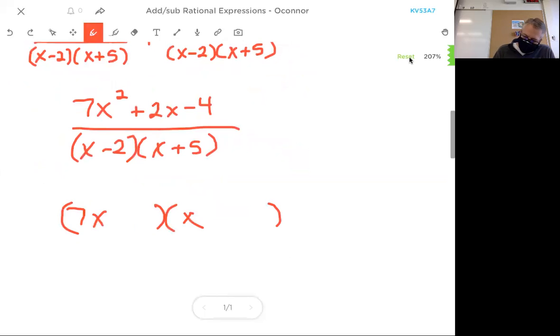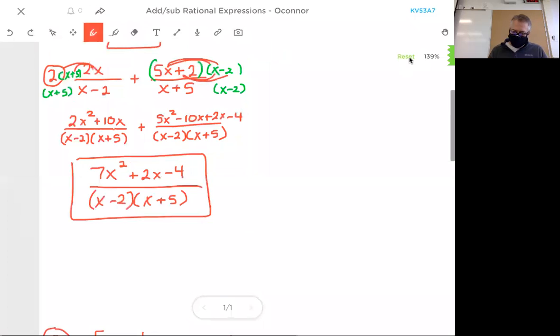So if I had 2 and 2, that's not going to work because that's 14x and 2x. And if I had 1 and 4, that's not going to work because that's 28x and 1x. And if I had 4 and 1, that's not going to work because I'm going to get 7x and 4x, which I can't get 2x from that either. So therefore, that does not factor. And that's our answer.